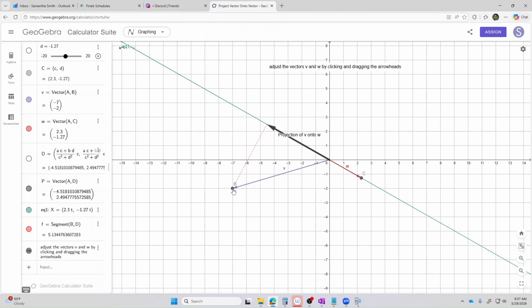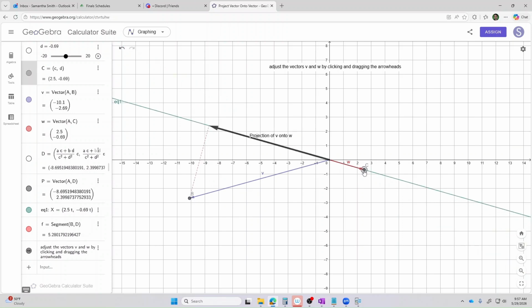I can also see that no matter where v is positioned in this drawing, the projection forms a leg of a certain right triangle. The projection is the parallel leg in this right triangle, and then we have this perpendicular leg, and the vector v is forming the hypotenuse of the right triangle in this picture. So thinking about the projection, we're projecting onto the vector w.